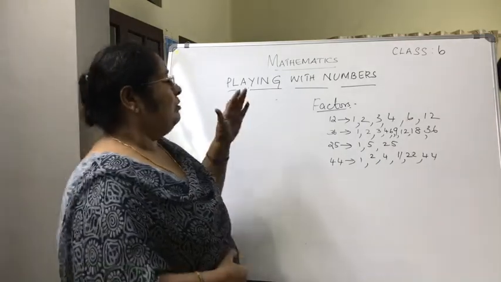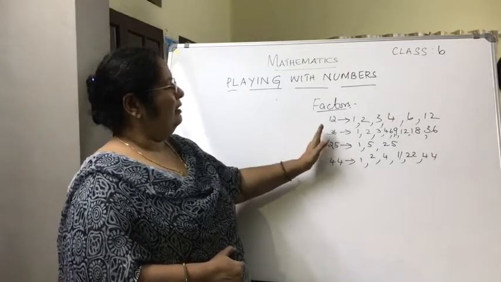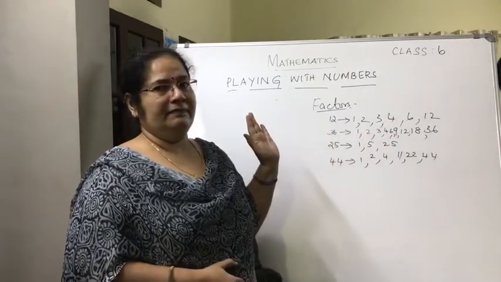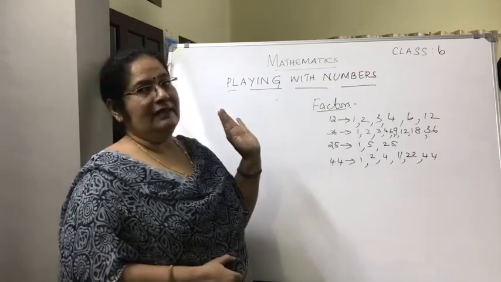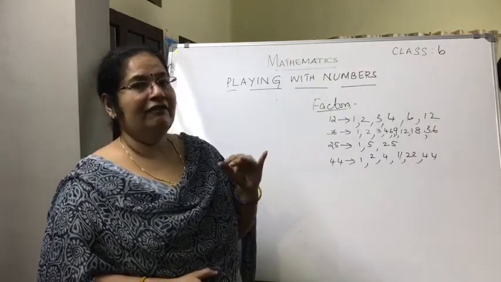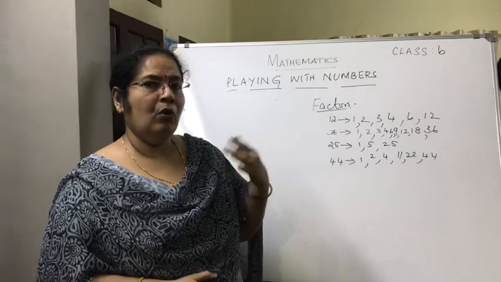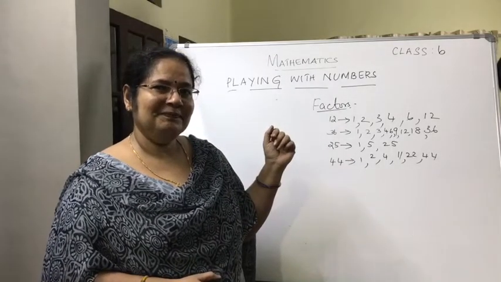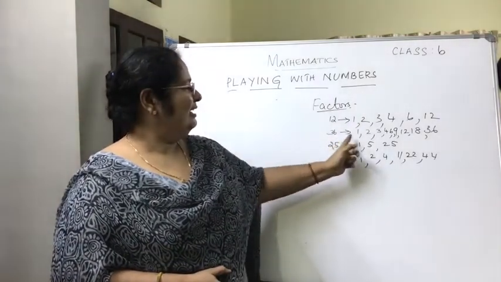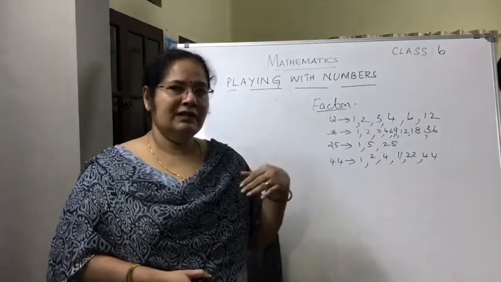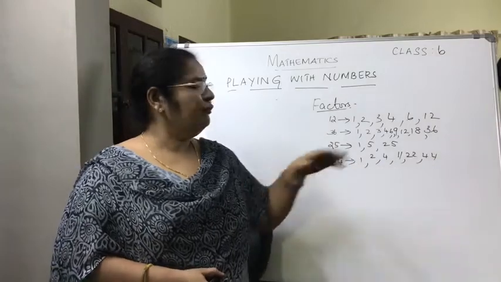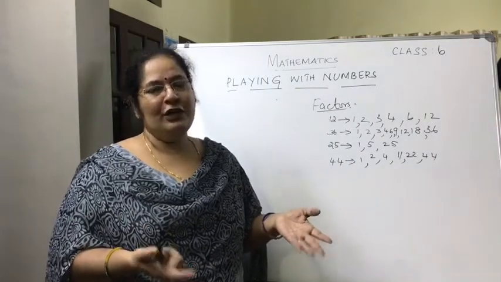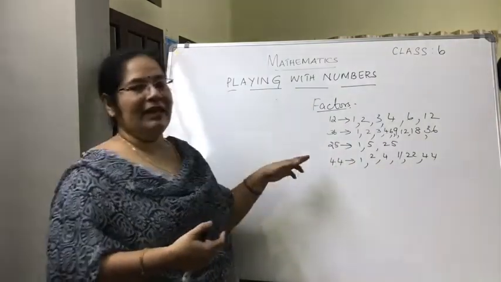Now, third thing. Look at the factors. In any of these cases, do you find the factor to be more than the given number? Is the factor for 36 more than 36? Anywhere have you seen? No. Is the factor for 44 more than 44? No. So what do you understand from that?